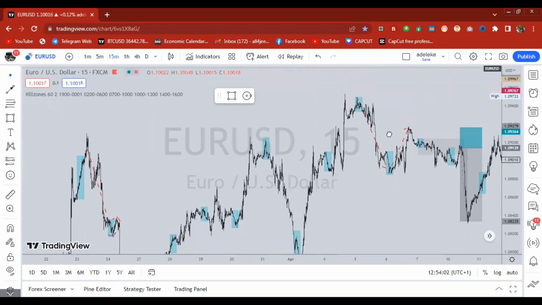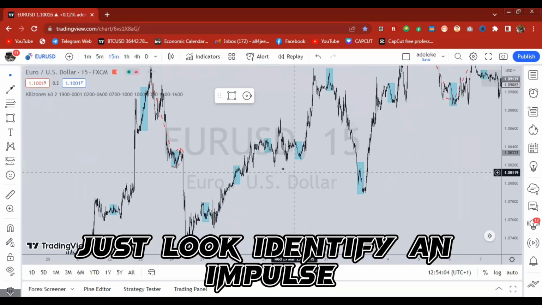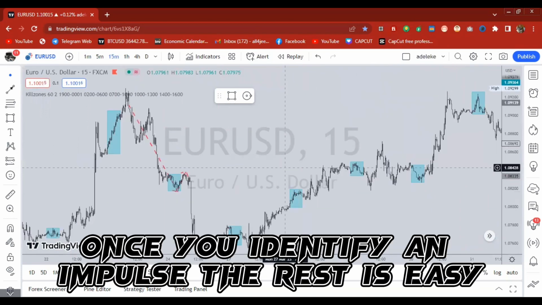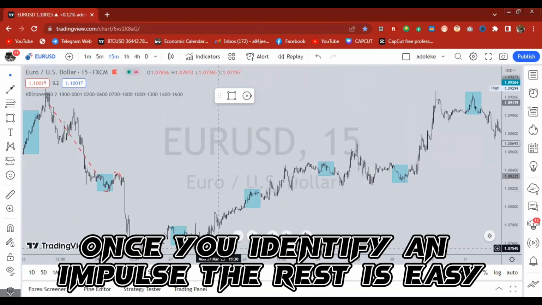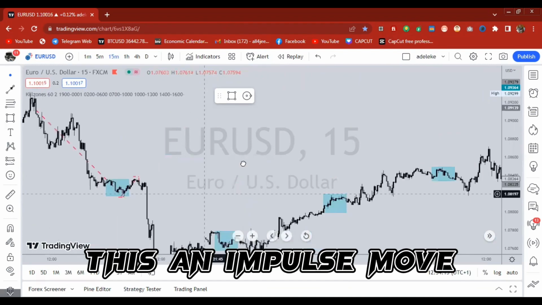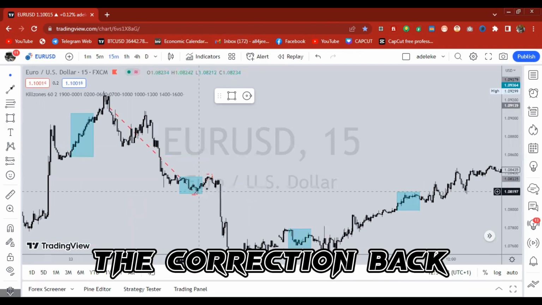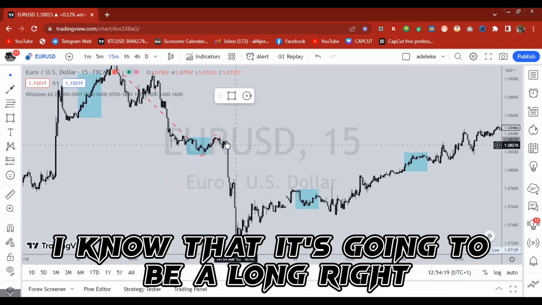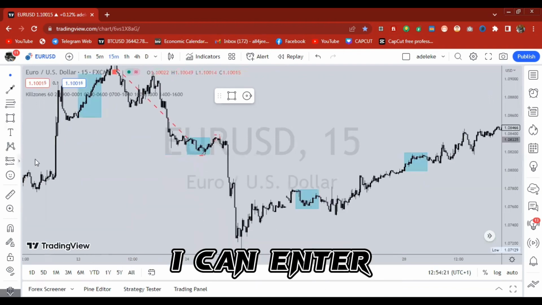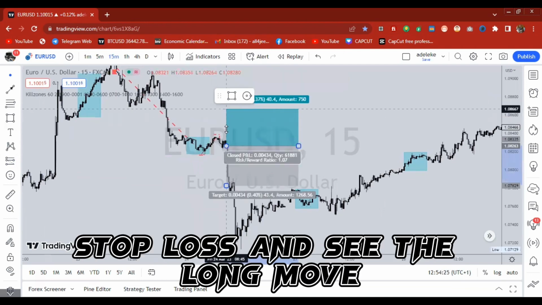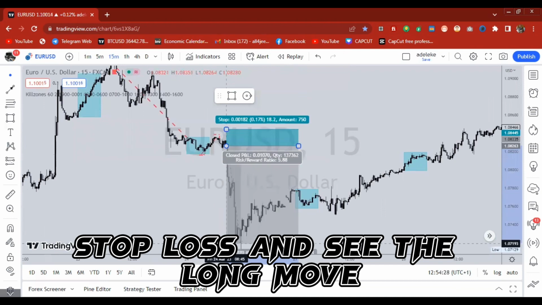ICI strategy: just identify an impulse. Once you identify an impulse, the rest is easy. So this is an impulsive move. It started giving me a correction here. It has broken the correction back. I know that it's going to be a long ride, so I can enter, stop loss, and see the long move.